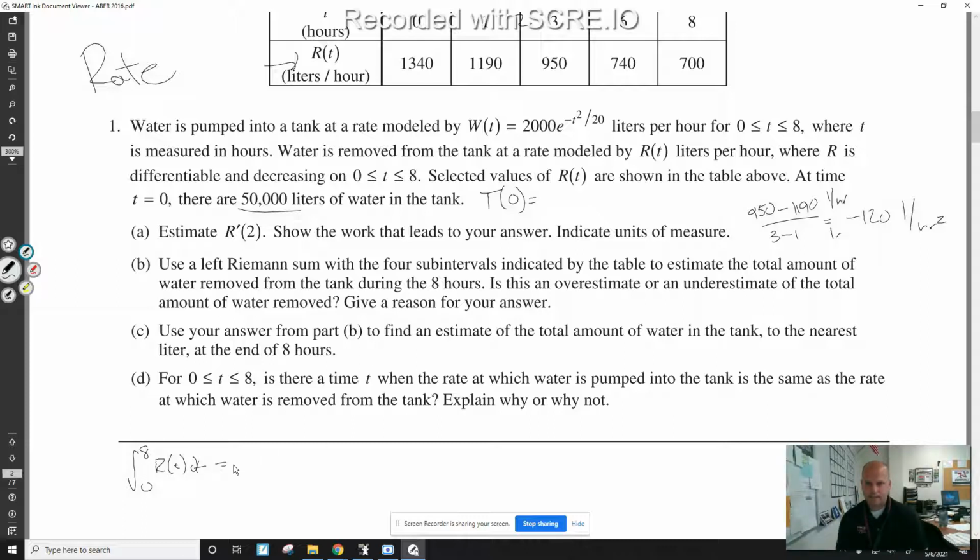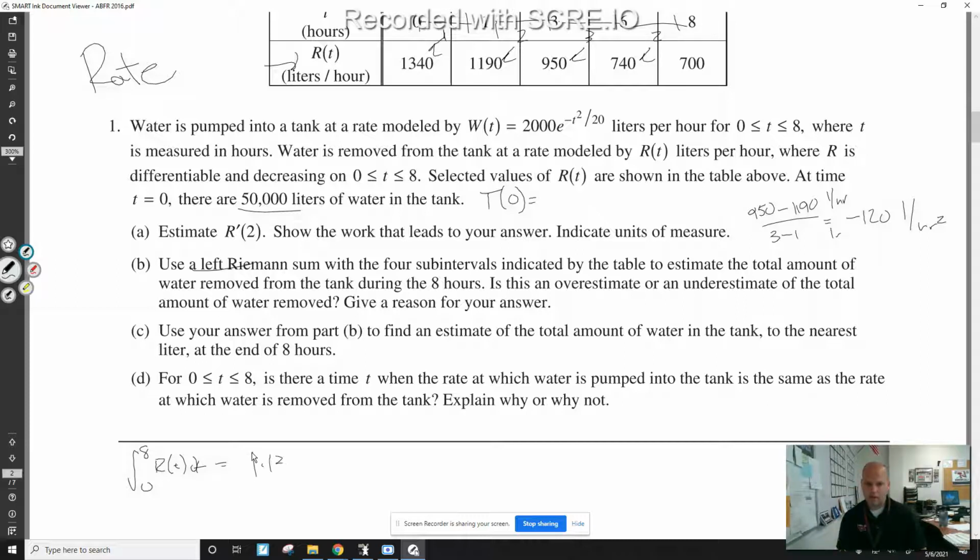We got a left Riemann sum, so base times left heights. So that's 1 times left height, then base length of 2 left height, 3 left height, 2 left height.